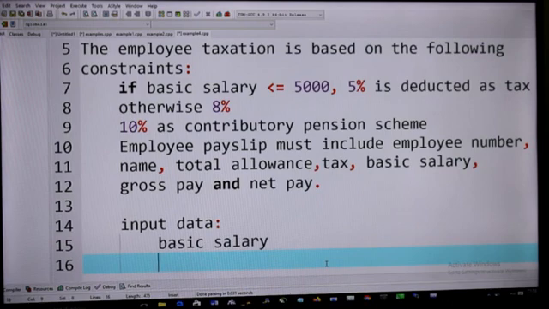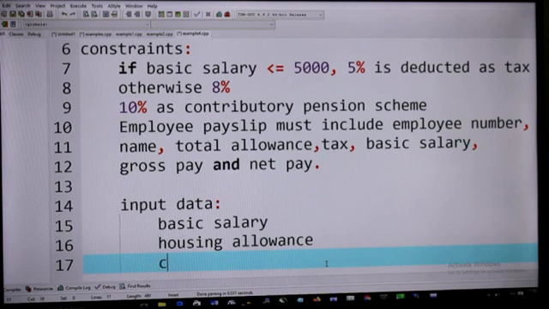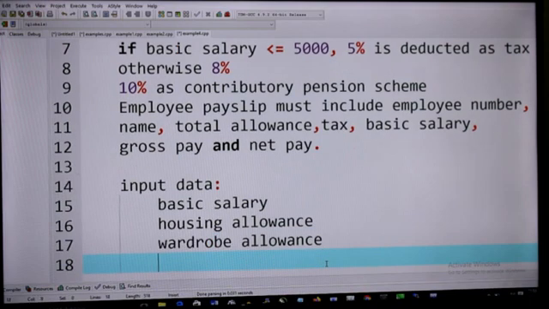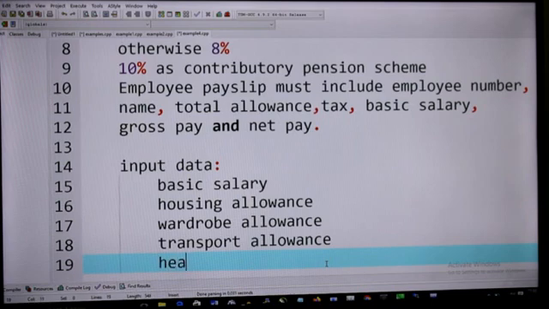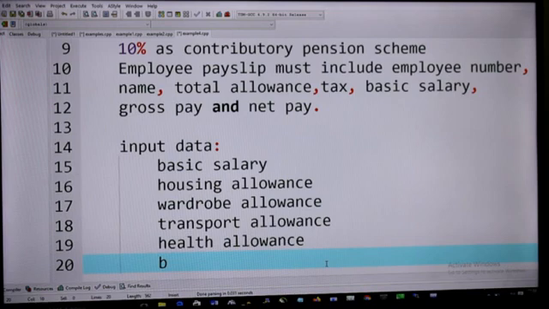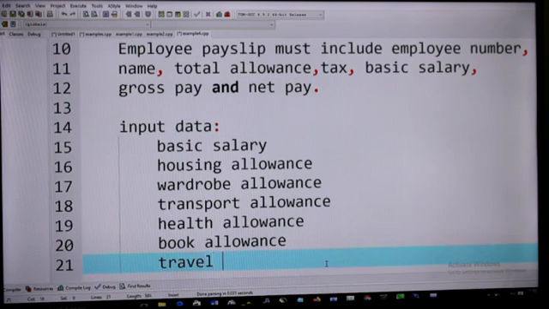Then we are going to list all the allowances, something like housing allowance, wardrobe allowance, transport allowance, health allowance, book allowance, travel allowance, so as many allowances as possible that we have.